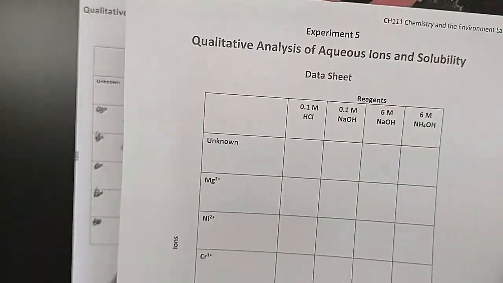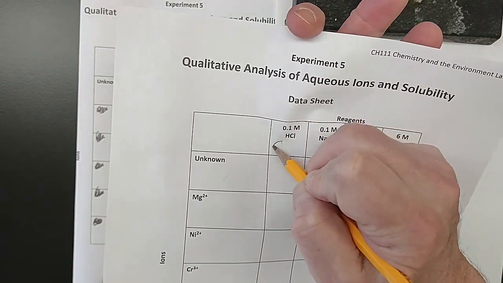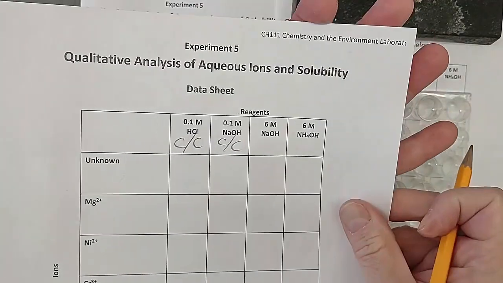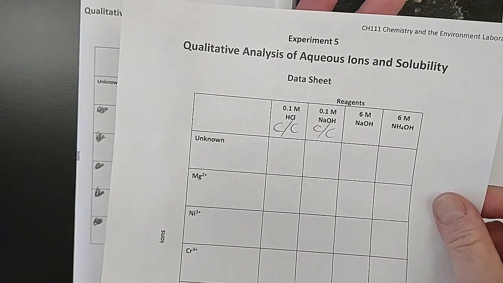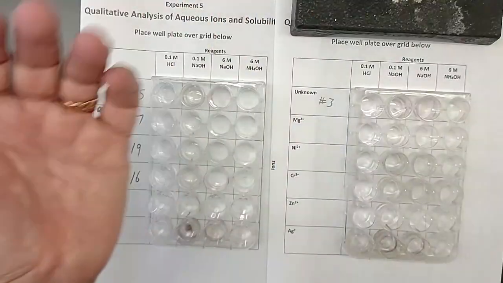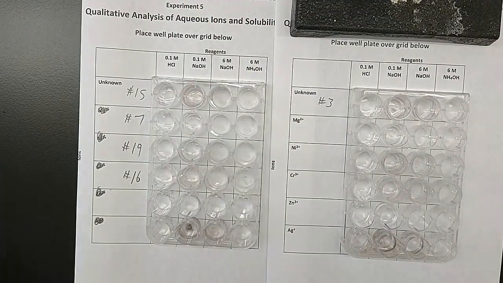Since this is a data sheet that is just for myself, I can write C/C knowing that that means clear and colorless. C/C, right? Clear and colorless for each of those. You can maybe do your own notation or write the words out, clear and colorless, when nothing is added to them. On to the 6 molar sodium hydroxide.